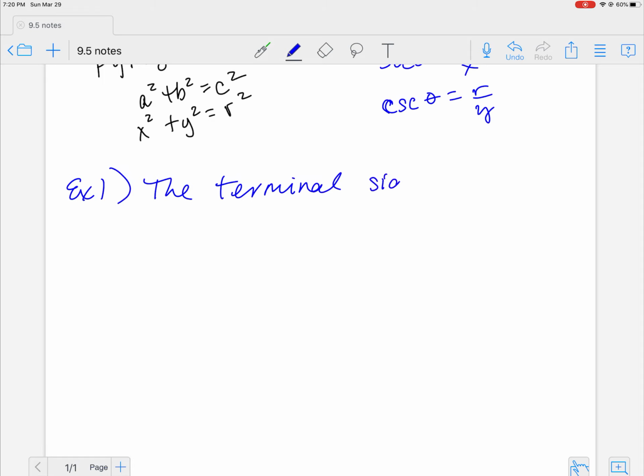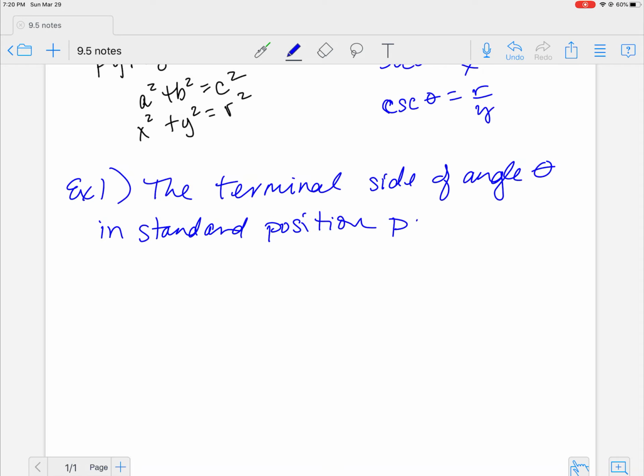So let's do this. Here's example 1. The terminal side of angle theta in standard position passes through the point -3, -4.